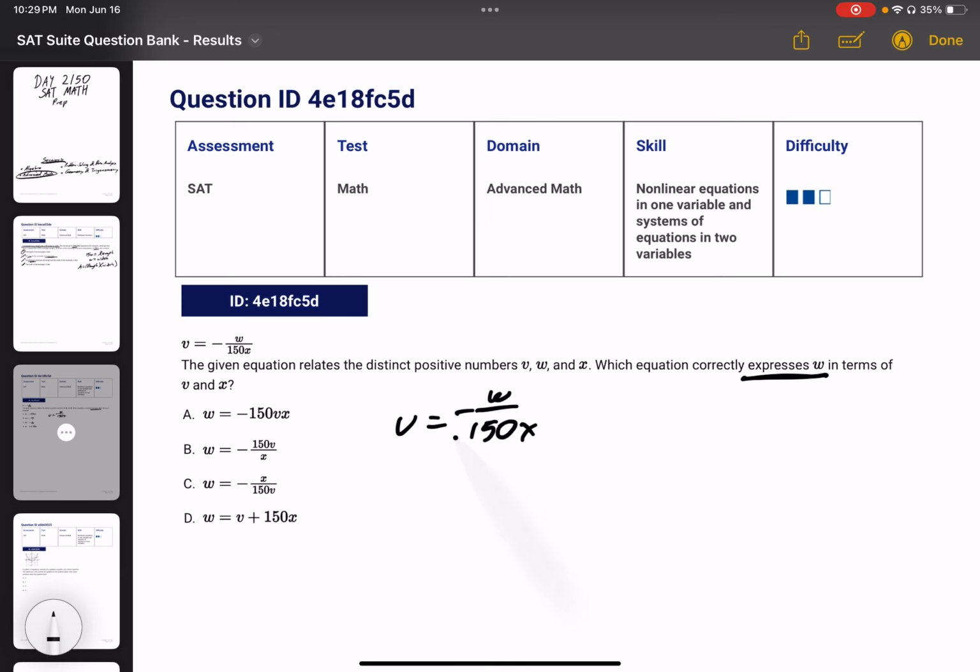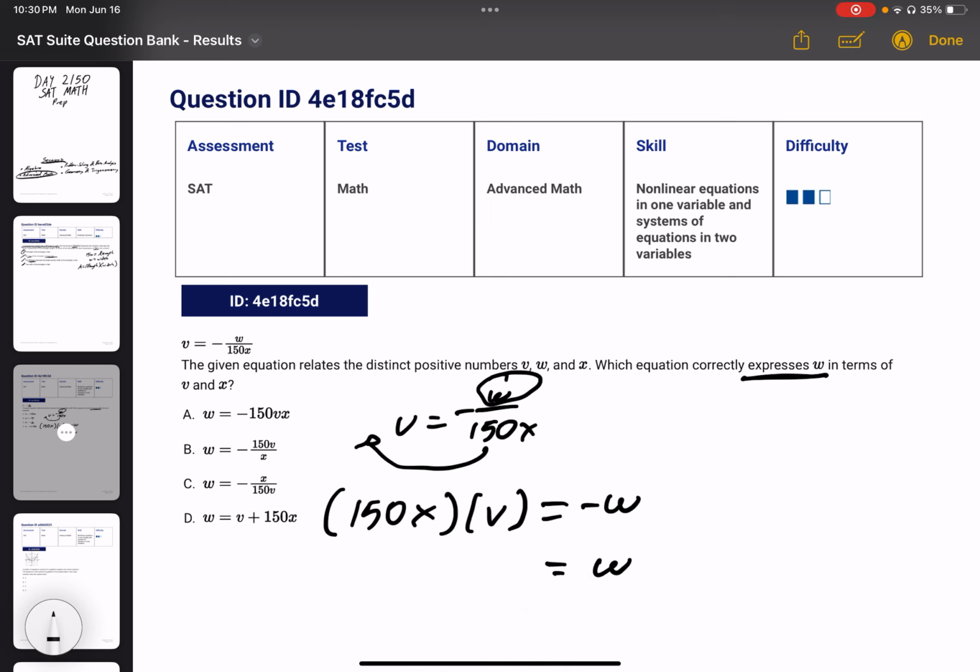So we have v equals negative w over 150x. We're isolating this variable. So we start obviously by moving this to the other side. So 150x times v is equal to negative w, and then get rid of the negative, so we have w is equal to negative 150x times v.